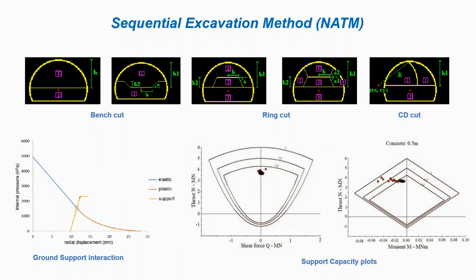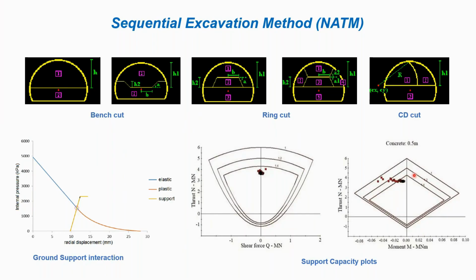Now, apart from that, whatever support system we provide here, we need to assess whether those support systems are suitable or not. So, for example, if I talk about the lining, to check whether the lining provided is suitable or not, we assess that in terms of the support capacity plots, which are based on some approaches reported in the literature, like the Carranza-Torres method and some other approaches as well.